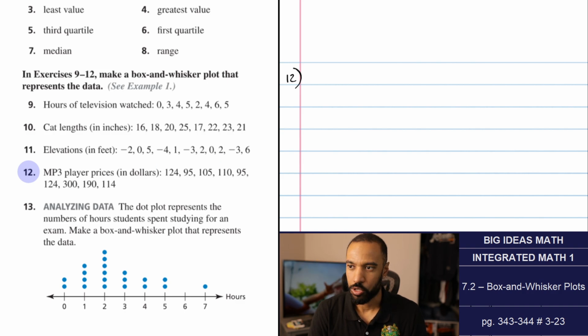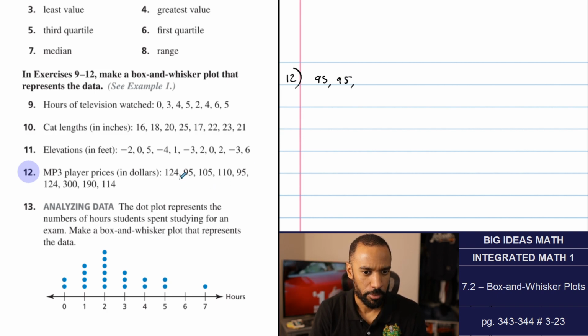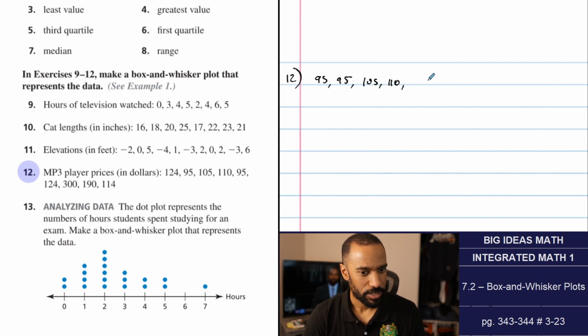The smallest values are those ones that are less than 100. We got a couple 95s going on. So let me count how many numbers there are before I do this, just to confirm. I'm looking for 9 total numbers. That's 2 of them. 100, 105, 110, 114, a couple 124s.